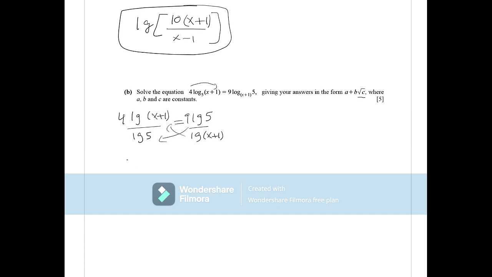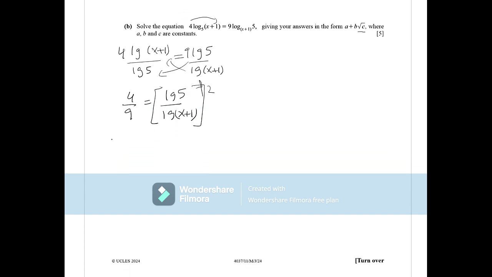Cross multiplication gives us 4 over 9 is equal to lg 5 over lg x plus 1, whole squared. So lg 5 over lg x plus 1 is just the square root of 4 over 9, which is 2 over 3.